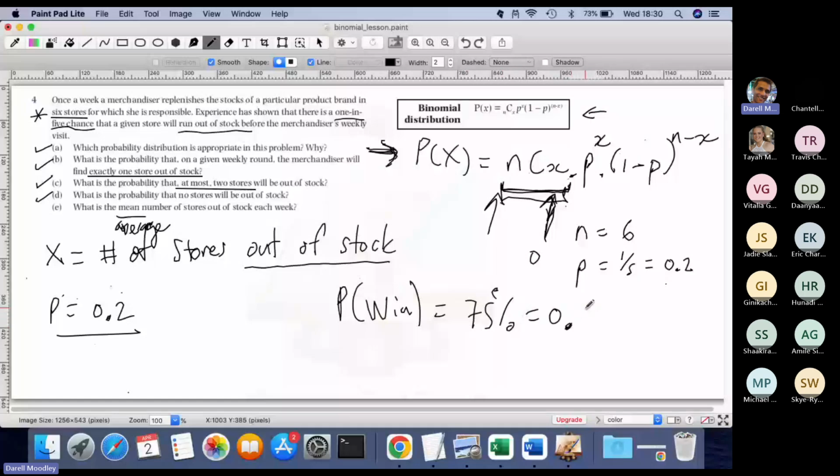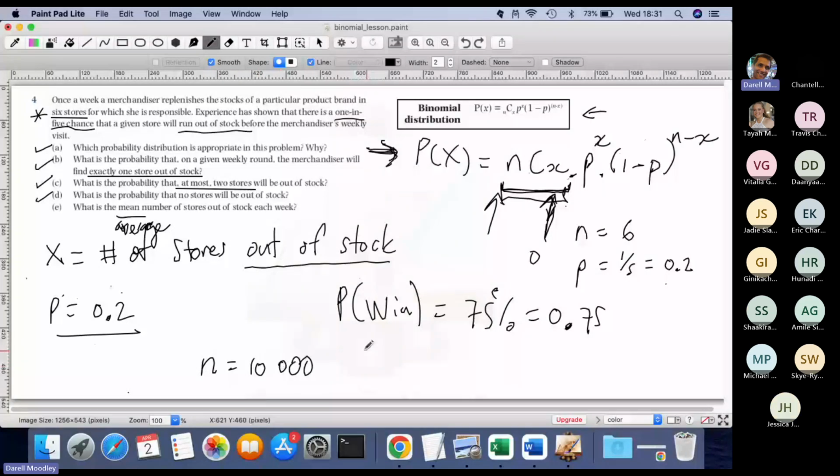Let's say the chance of you winning is 0.75. All right. Now, let's say you played this game 10,000 times. If you played it 10,000 times, on average, how many times do you think you would win if the probability of winning is 75%?